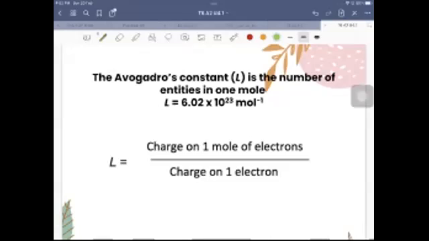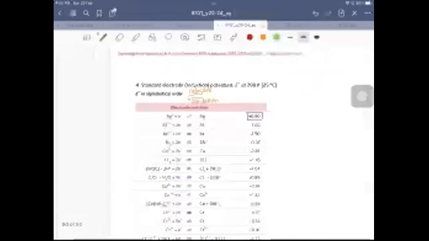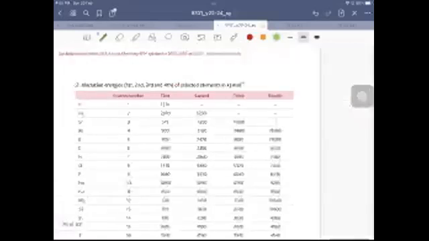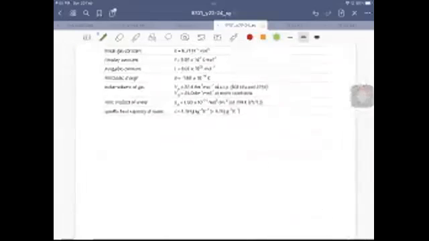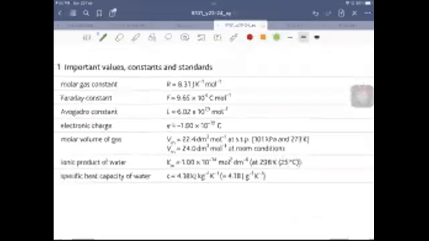Okay, so if you still remember, charge on 1 mole of electrons is 1 Faraday. Okay, and the charge on an electron is the symbol e, which is the value in your data booklet, it turns out to be 1.6 times 10 to the power of minus 19 coulomb.